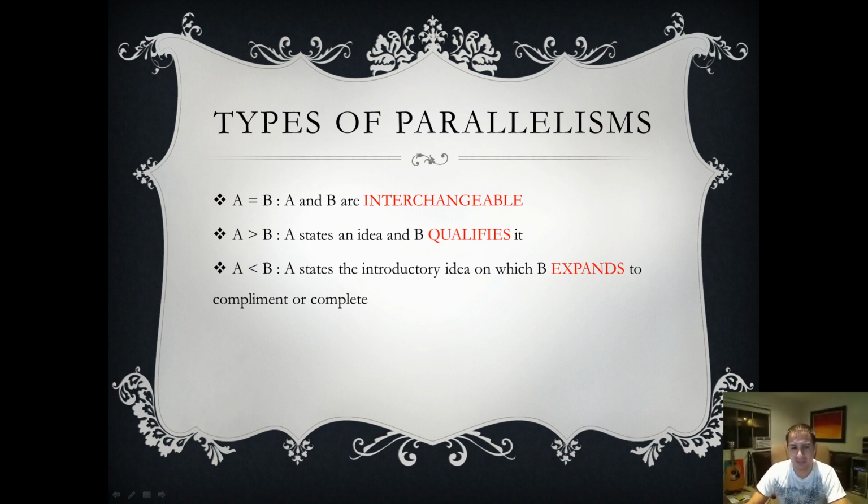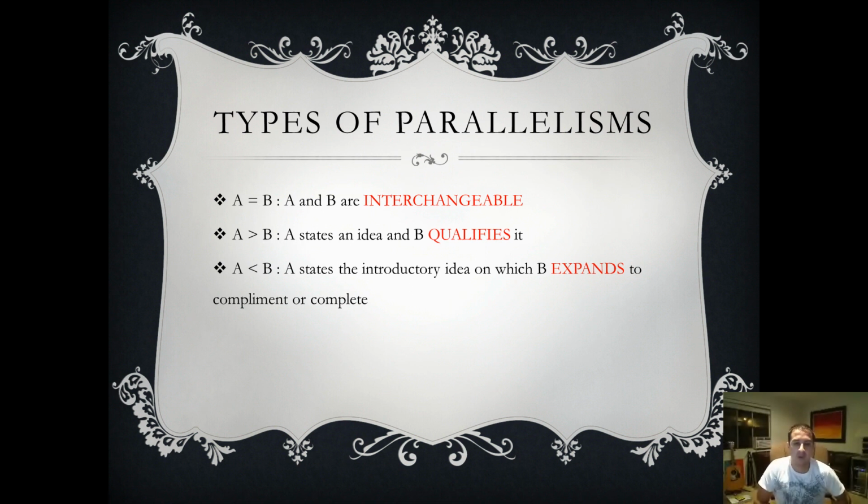So instead of A equals B, I'm going to call it an interchangeable parallel, or a qualifying parallel, or a parallel of expansion. That's why I've got these in red, because this is what the author calls it, and I'm going to use this language, which is a little more helpful, I think. Anyway, I'm just going to give you a quick rundown of the different categories of parallelisms, and then we'll take time and go through each one in just a bit.